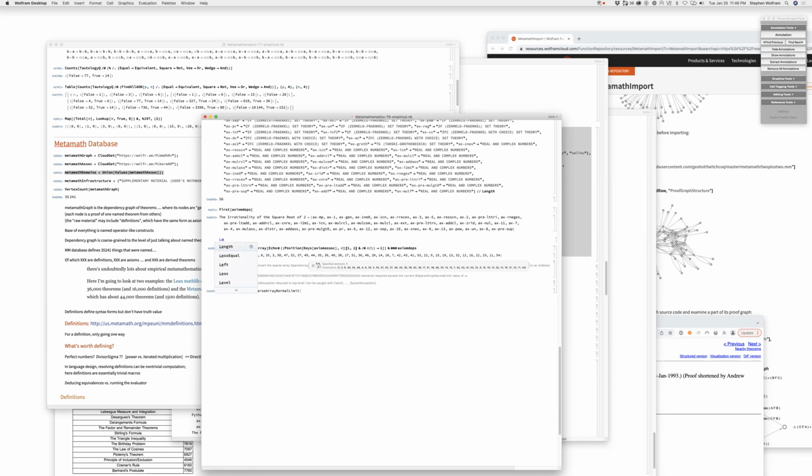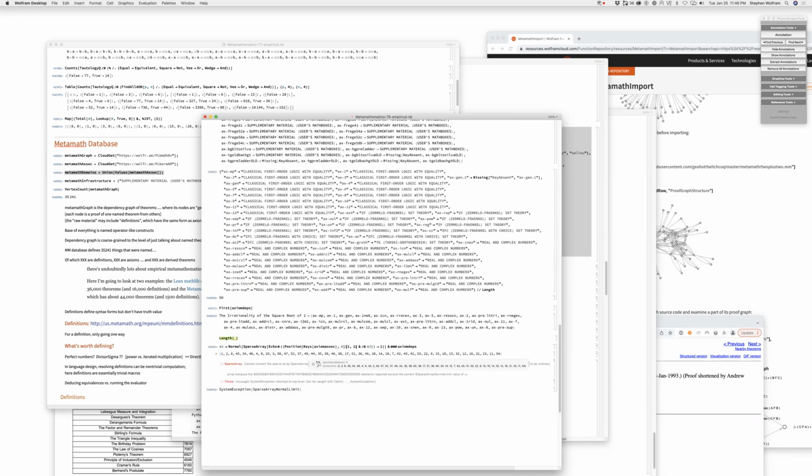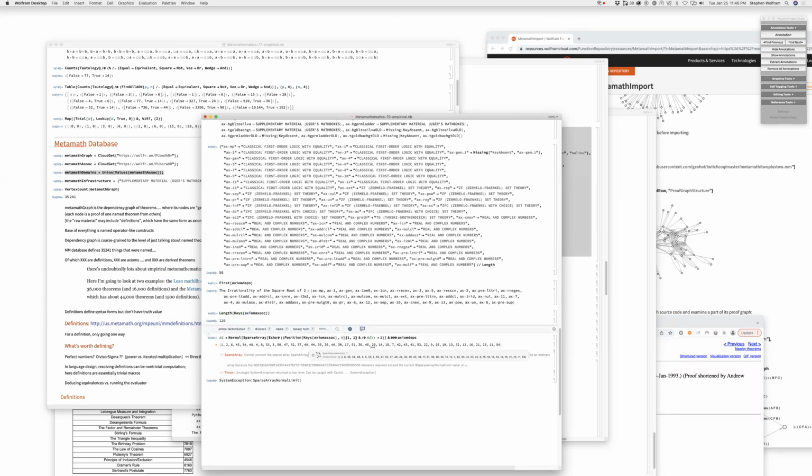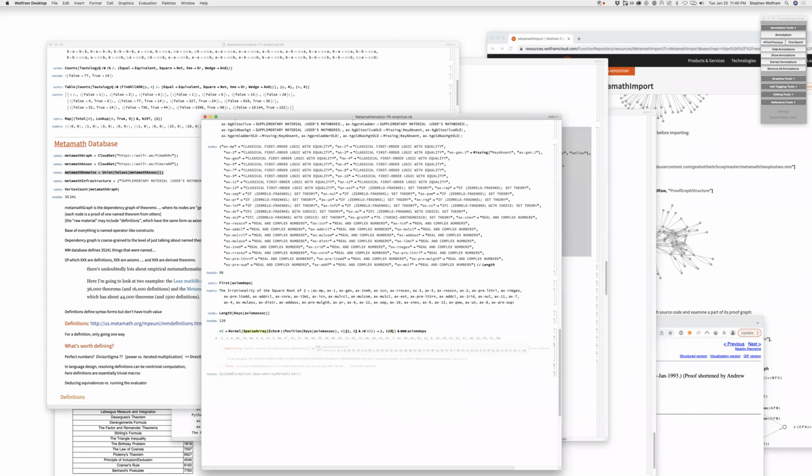Okay, let's look at the length of keys of axiom association. 120. Why does it think there are that many elements?